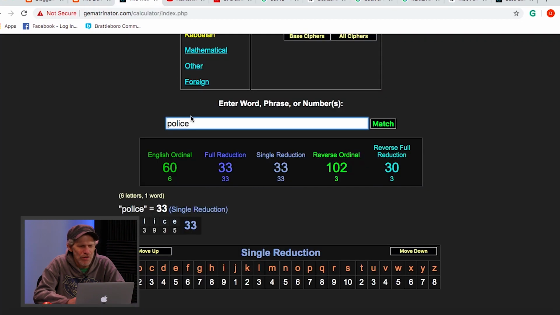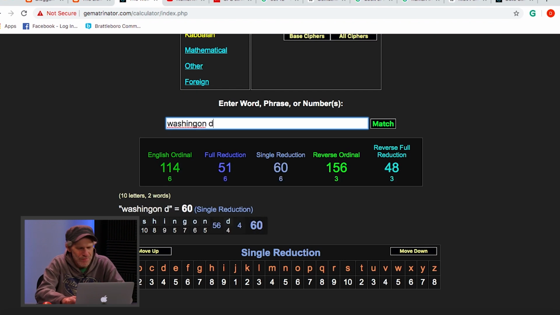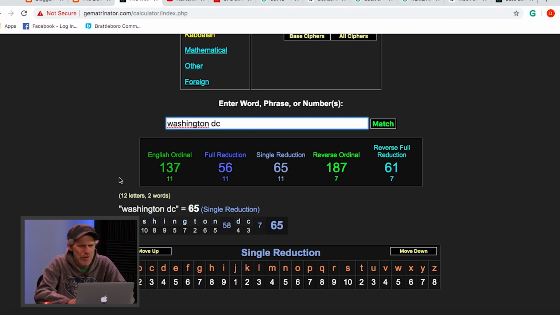Also, 137 is a number of Washington, D.C. Washington, D.C. equals, if you spell it right, oh my God, 137 right here. There's a statue of Albert Pike, and he's holding a book called Morals and Dogma, where he talks about Masonry. Albert Pike, a 33rd degree Mason.